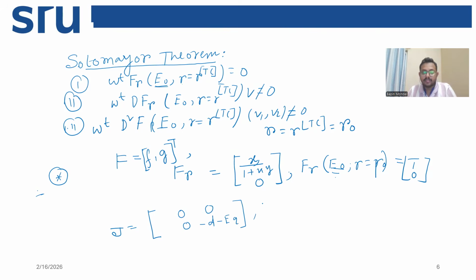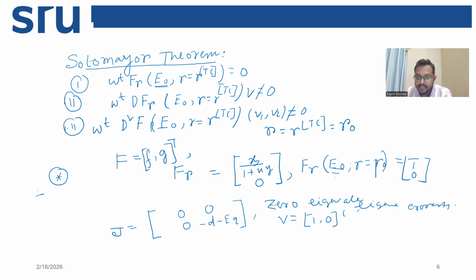So the matrix has a 0 eigenvalue. Now we find the eigenvector corresponding to this eigenvalue. We have V equals to 1, 0 transpose, and the eigenvector of the matrix A transpose is also given. We consider W equals to 1, 0 transpose. So here WT means 1, 0.